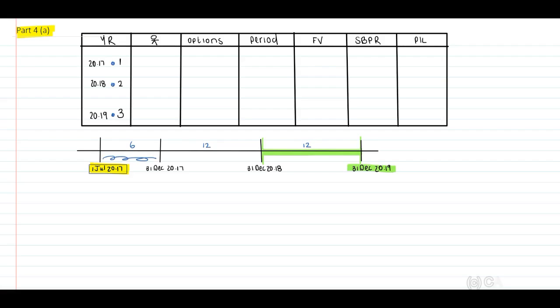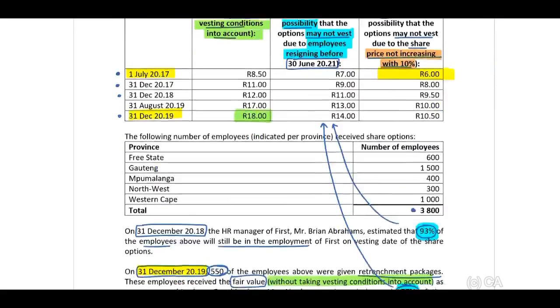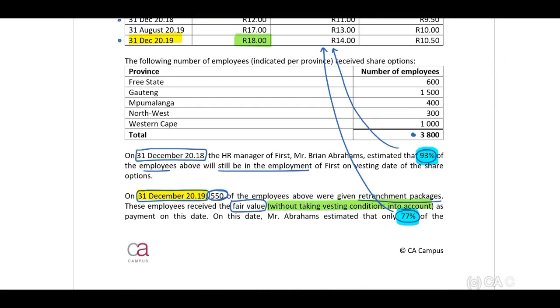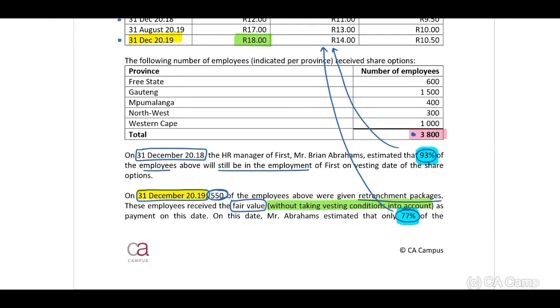I need to obtain my number of employees from the given scenario. Now, we will remember that when we've read through this, they've indicated to us that our number of employees is 3,800, right? Therefore, we can include that we have 3,800 employees. But then they indicate to us in the scenario on 31 December 2018, they estimate that 93% will still be within employment.